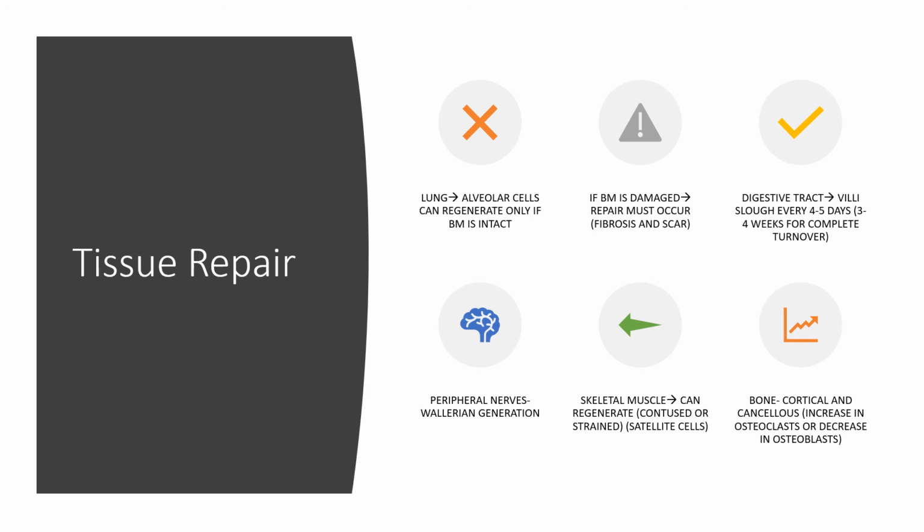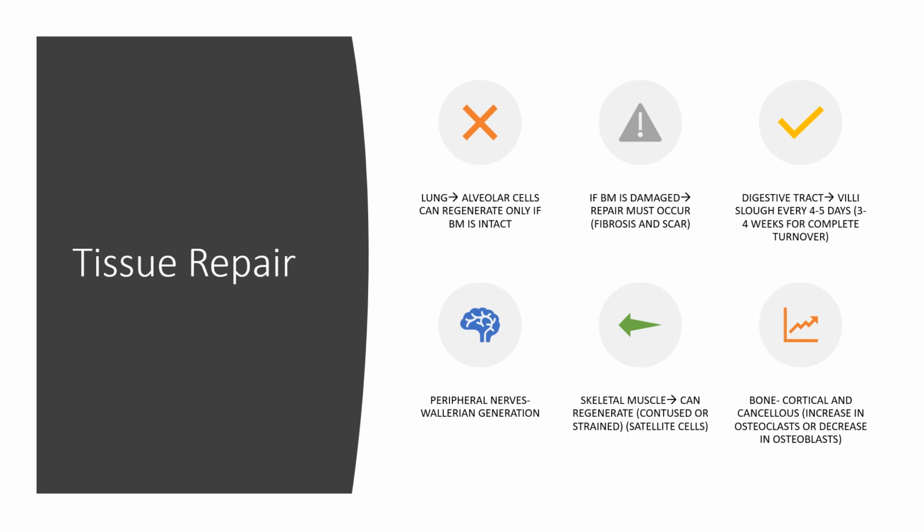In the lung, we're going to talk about the type 1 and the type 2 alveolar cells. So type 1 alveolar cells, or the type 1 pneumocytes, permit gas exchange, and the type 2 are very important for producing surfactant. So it's very important for the basement membrane to be intact, or these alveolar cells will never have the capability to regenerate.